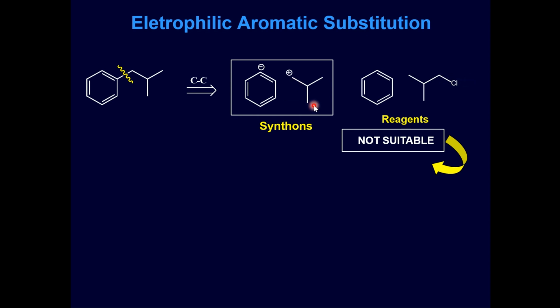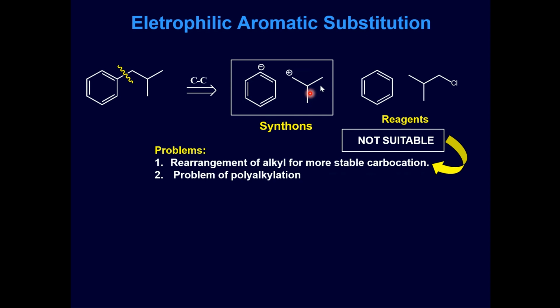Once there is a primary carbocation, there is an adjacent carbon over here. The CH3 group along with its electron pair moves onto this positive center, and it gives rise to a secondary carbocation. Before benzene reacts with this primary carbocation, it gets converted into a secondary carbocation, and I get the rearranged product rather than the isobutyl derivative.